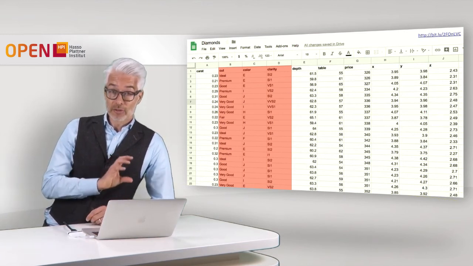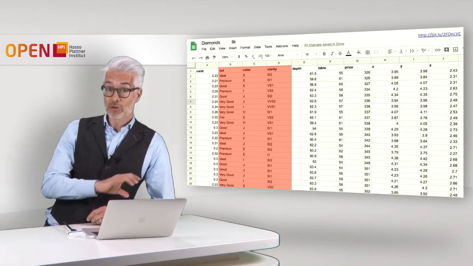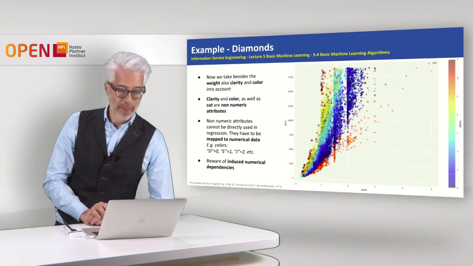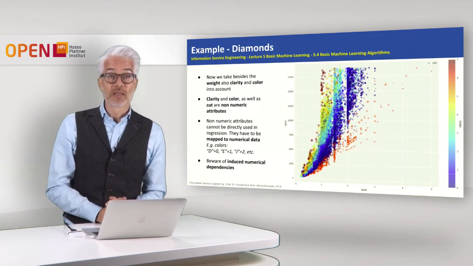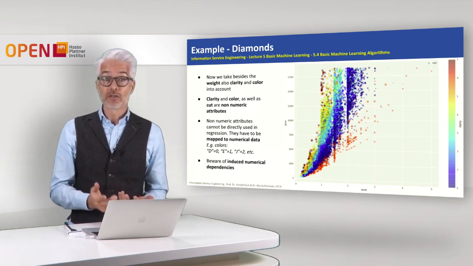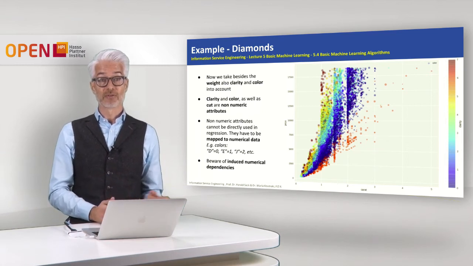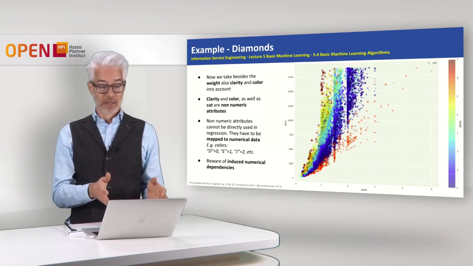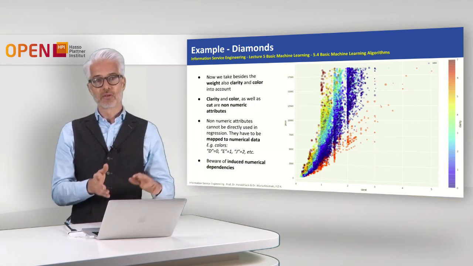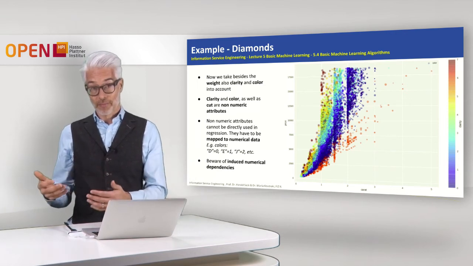So what we have to do to include all these into a linear regression model is translate them into numbers. So what you take into account besides the weight might be clarity and color. And since they are non-numeric values, we have to map them to numerical data. So for example, if you take the colors, we could go for D and say D will be 0, E will be 1, J will be 2, and so on.